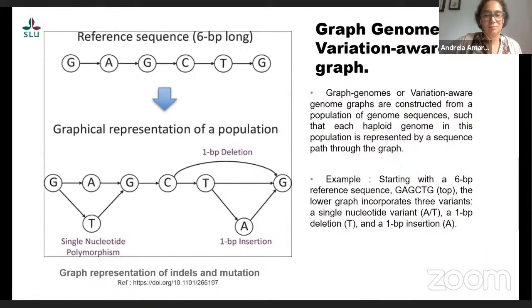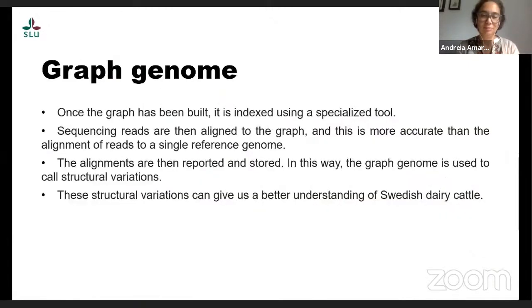We have a reference genome on the top, and below it a genome sequence, where we can consider a single nucleotide polymorphism on the left side. If the T is missing there, it can be considered a deletion, and if an A is added to the sequence, we can say it is an insertion.